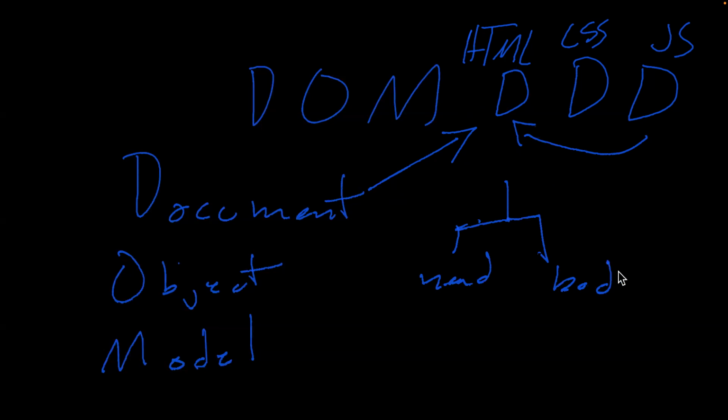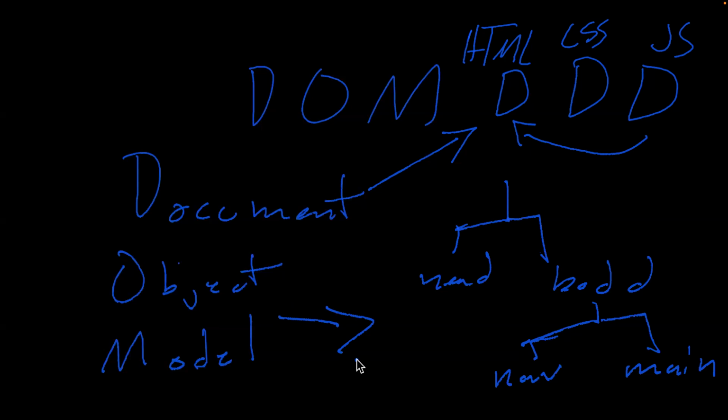And in the body, there's multiple different things here. There's, let's say, nav and the main content. So that structure, that object model, that's what we are going to be accessing now and changing on our page.